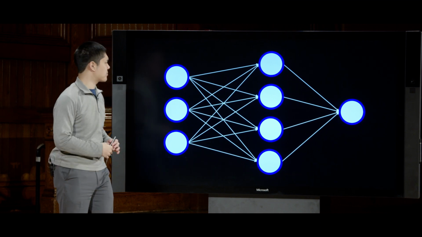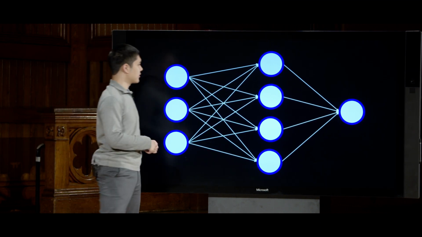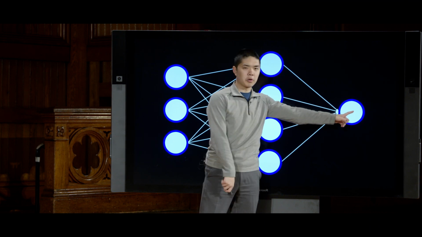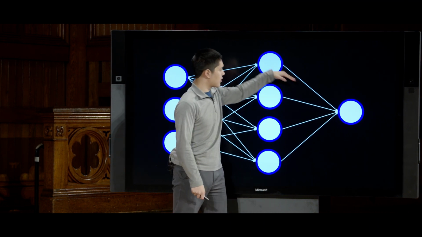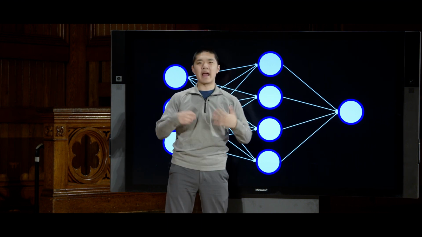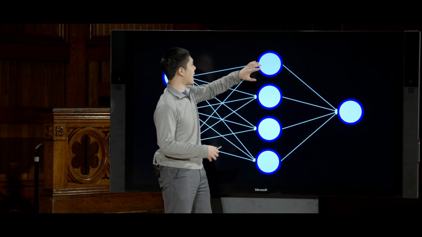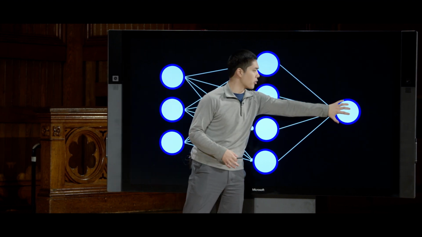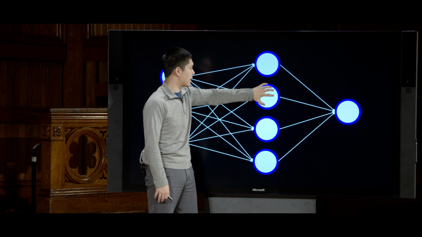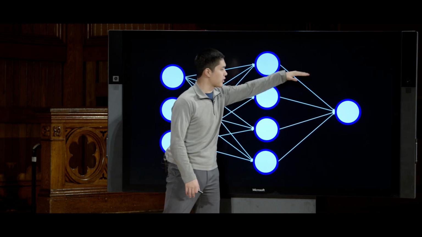And so the strategy people came up with was to say that if you know what the error or the loss is on the output node, then based on what these weights are, if one of these weights is higher than another, you can calculate an estimate for how much the error from this node was due to this part of the hidden layer, or this part of the hidden layer, based on the values of these weights.